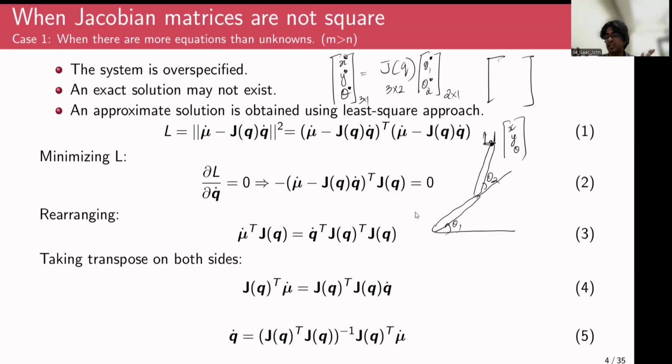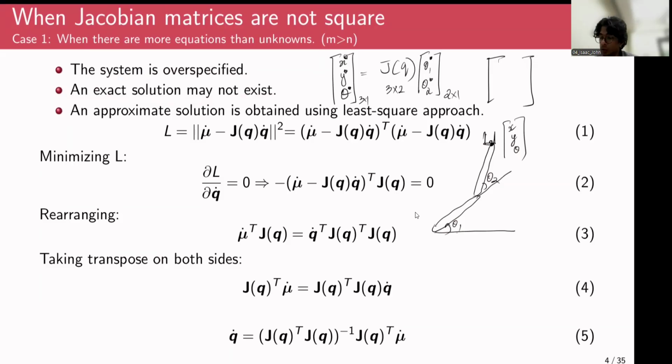Typically such systems which have more equations than unknowns are called overspecified systems. And if the three equations are independent, you may not be able to solve the system of equations. There may not even be a unique or an exact solution for such systems.